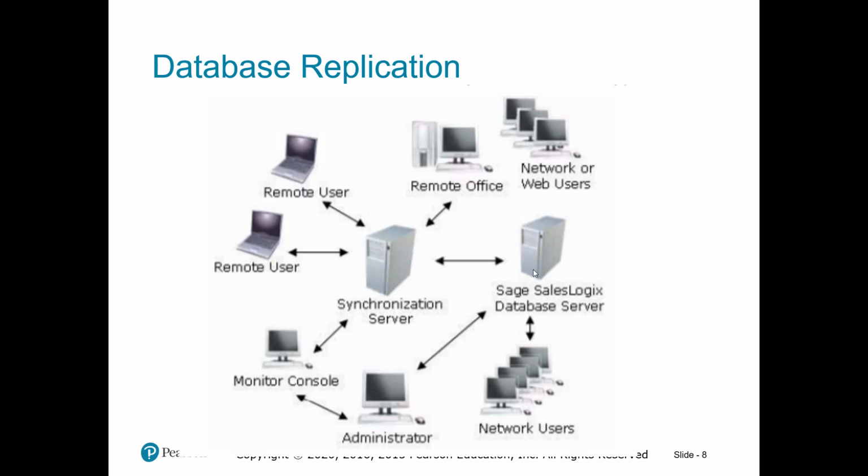There would be some places that didn't have an office, but we'd have roaming salespeople, and there would be remote offices, remote users, and they would all log into these servers, and there would be a synchronization server that updated all the information from the various sub databases.